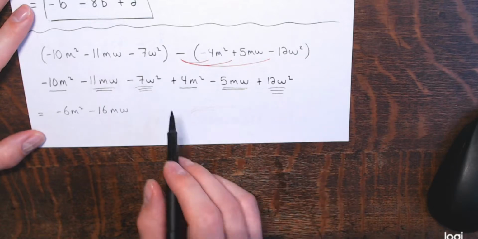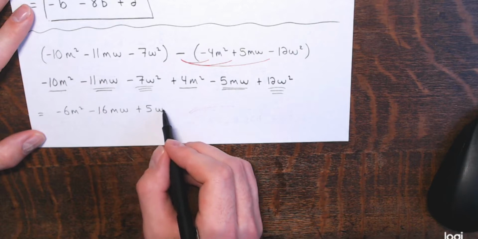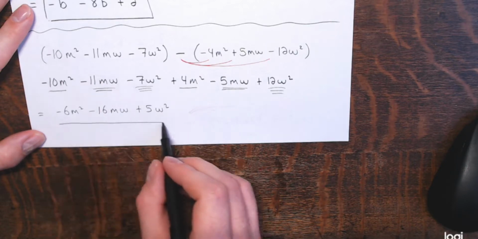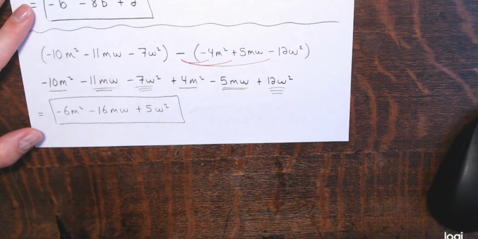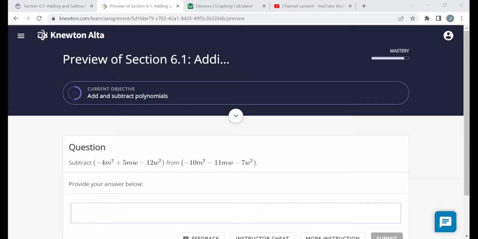Negative 7 plus 12 is positive 5, so I have plus 5w squared. And there we go. None of those terms remaining are like. So we have negative 6 m squared minus 16 mw, and then plus 5w squared.